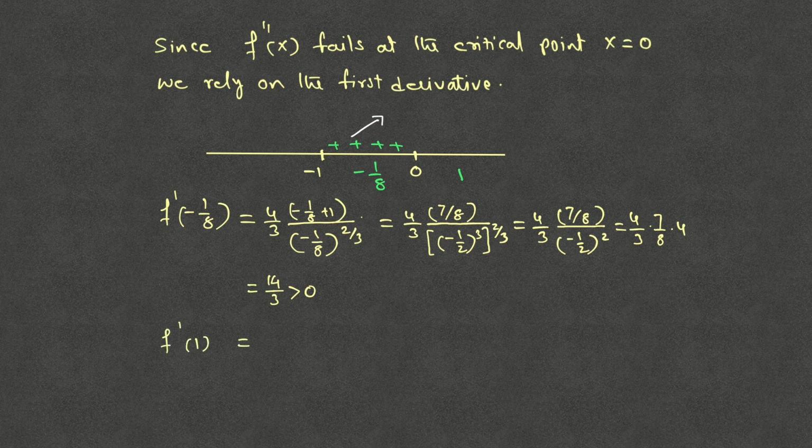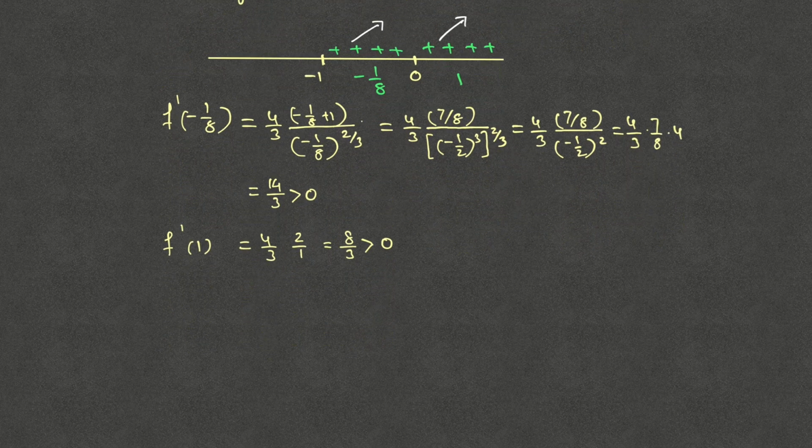Similarly, find the first derivative at the test point 1, which equals 8/3, a positive number, meaning the function is increasing in the interval containing the test point 1. The function is therefore increasing in the interval negative 1 to infinity, including negative 1.